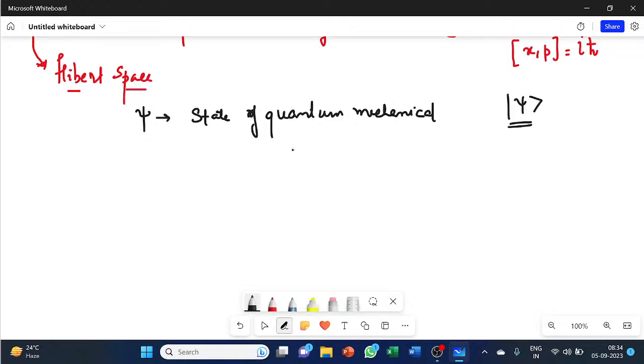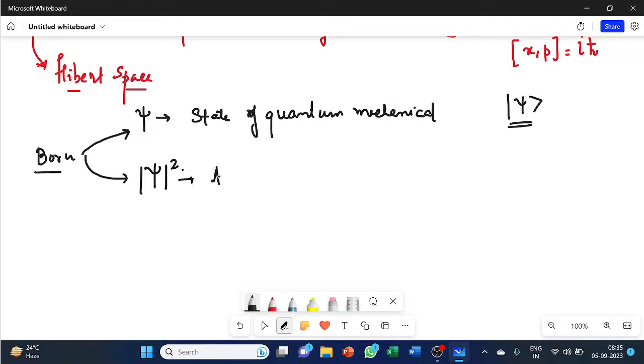Now, according to Born, there was another scientist, Born, who explained the physical meaning not of psi itself but of psi mod whole square. And what does it represent?